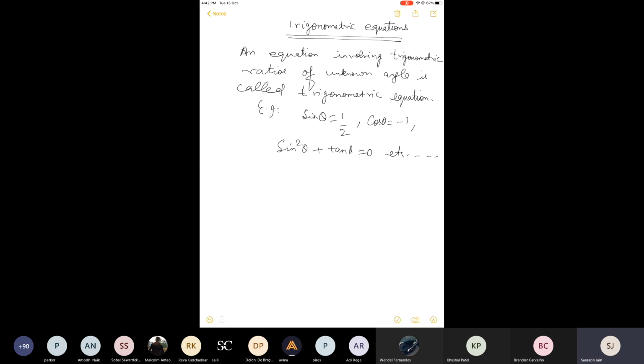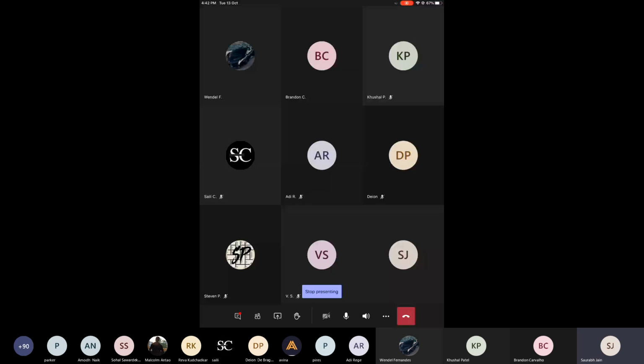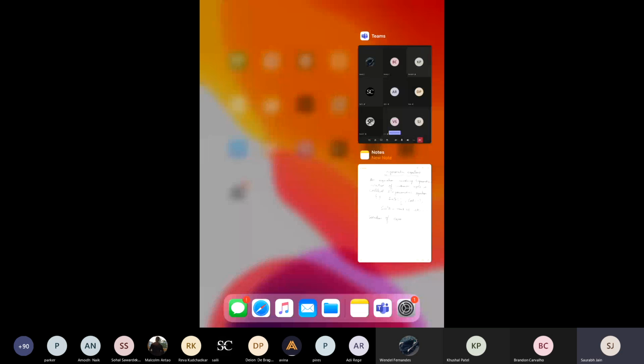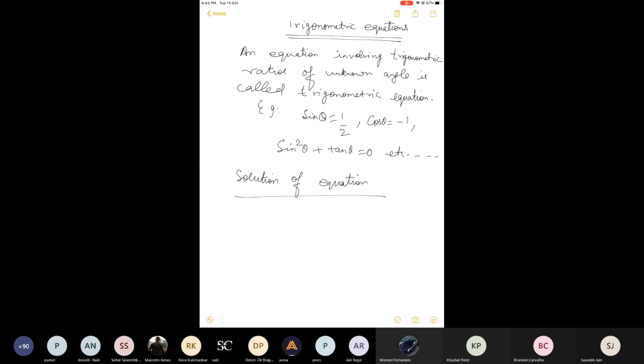Now next is, what about the solution of the equation? By solution we mean the value of the unknown angle which satisfies the given trigonometric equation.